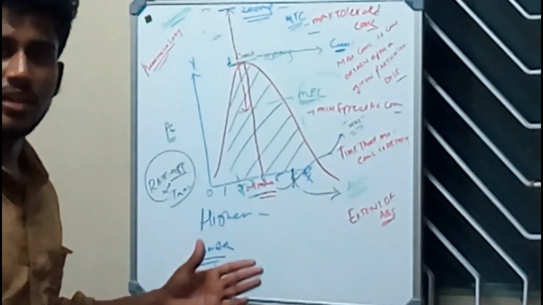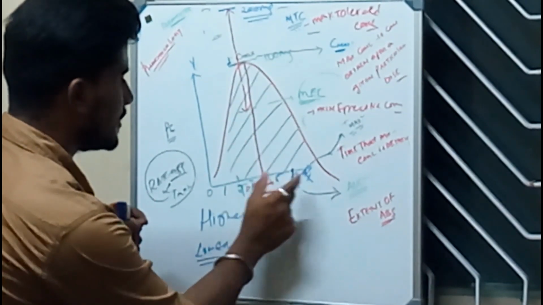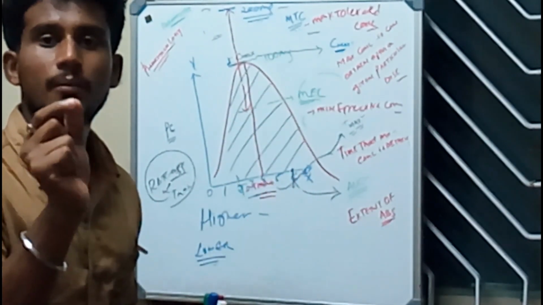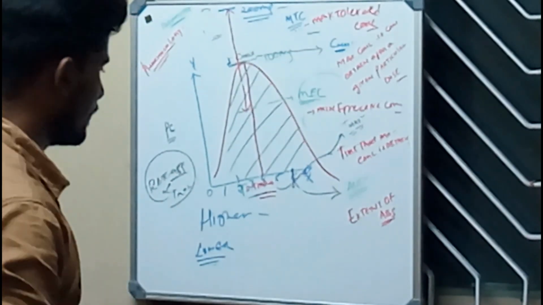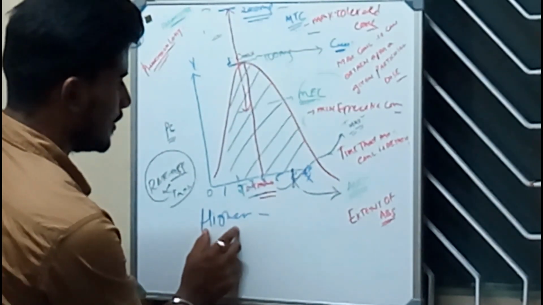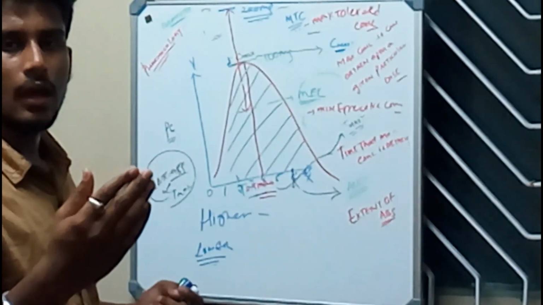What happens if the Tmax is higher? If it goes on increasing, the quick response cannot be seen. That is the simple point: if the Tmax is higher, the quick response can't be seen.